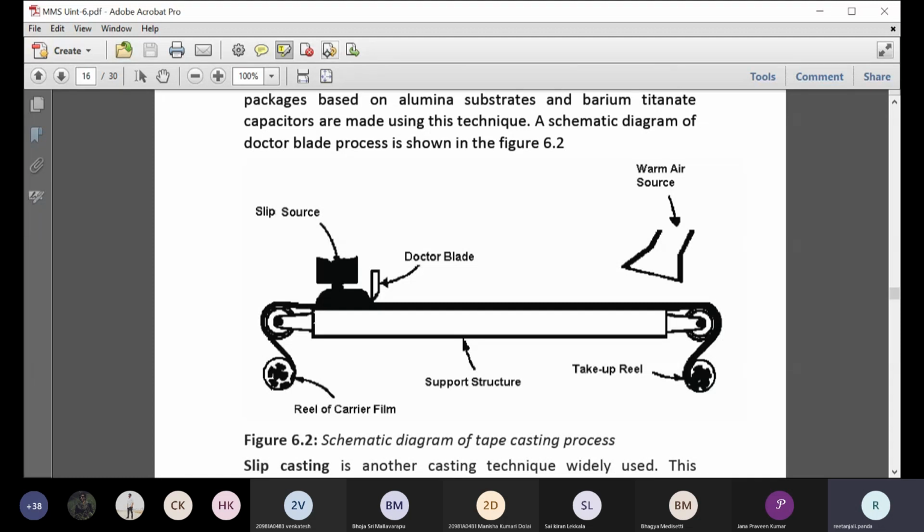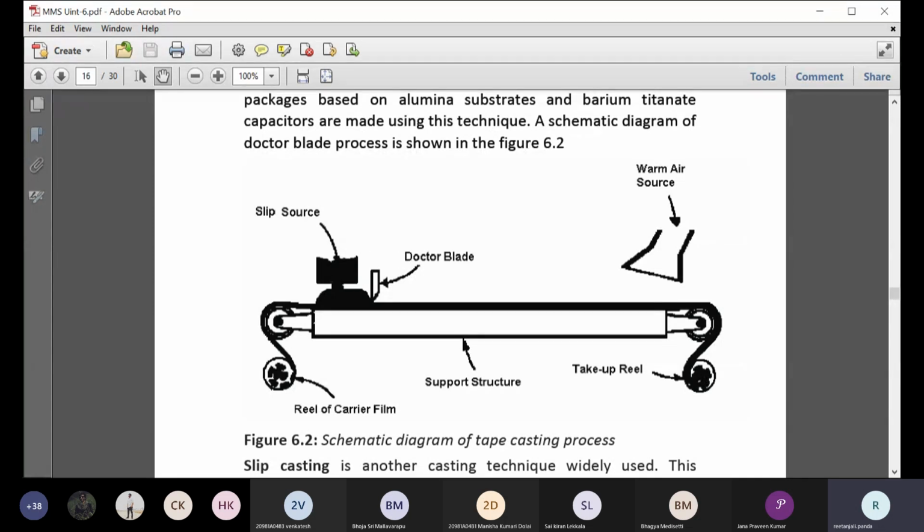In this one what you can see over here is the conveyor belt. This conveyor belt is rotating through these two wheels. You can see these two wheels, right? Here there is a doctor's blade, and here there will be the molten material. Then when this container releases a little bit of the slurry, it flows onto this conveyor with a very thin thickness by using the doctor's blade.